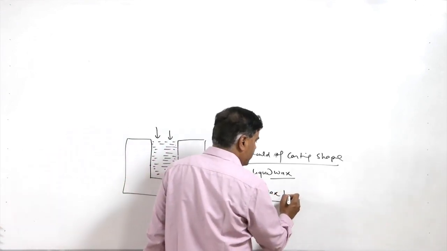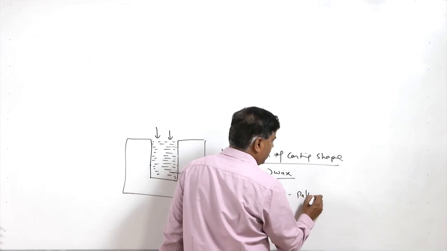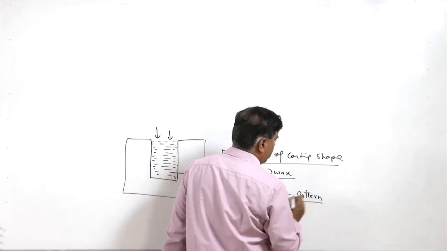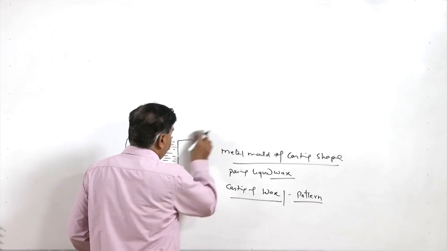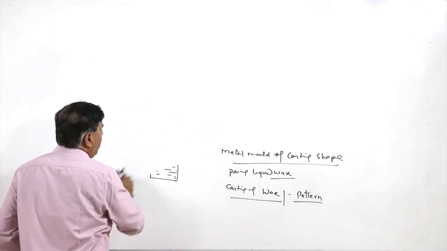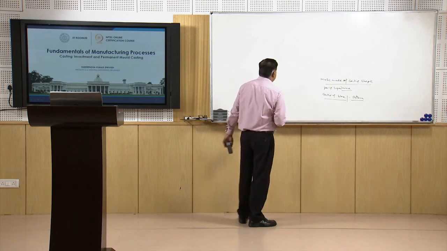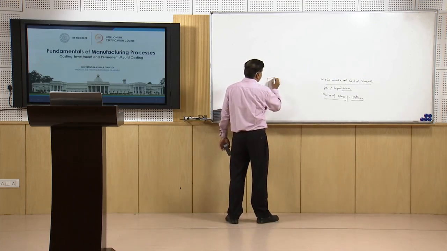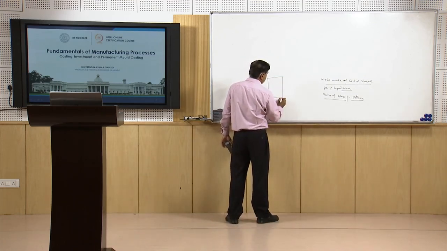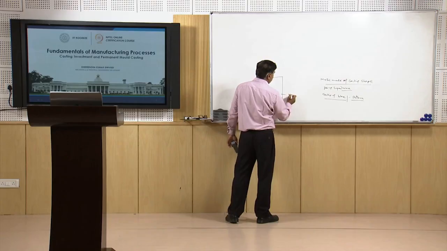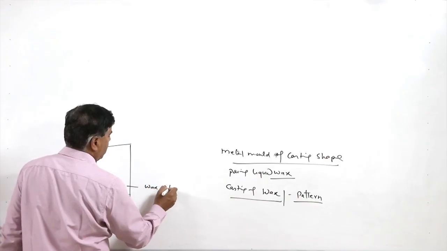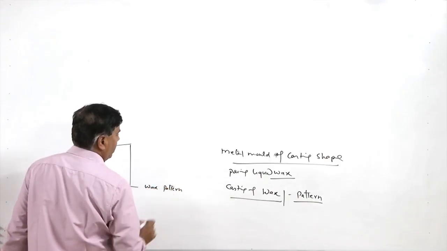Now, this wax is used as a pattern for producing the mold further. This is the wax pattern.